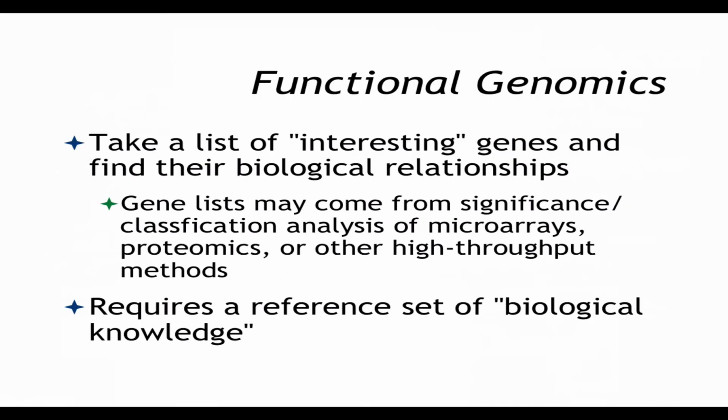One last thing I want to talk about is the functional interpretation, which is at the bottom of my workflow. Take a list of interesting genes, say differentially expressed, and find their biological relationships. This obviously requires a reference data set of biological knowledge.